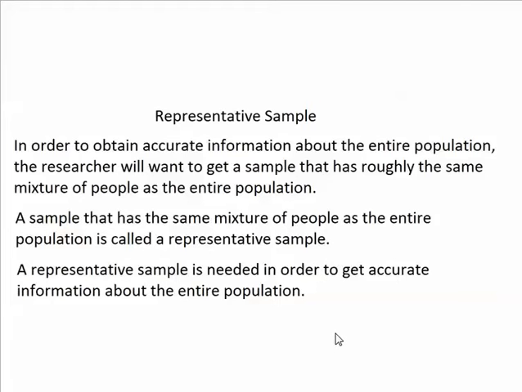If my sample includes too many Republicans, my data will make it look like the Republican is going to win when actually the Democrat might be ahead. But if my sample includes the same mixture of Democrats and Republicans that the entire population has, then my sample will give me an accurate idea of who's likely to win the election.